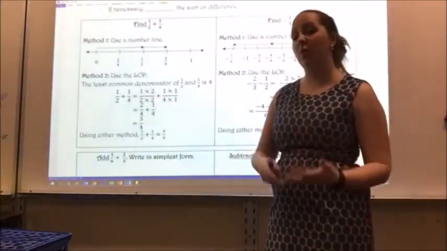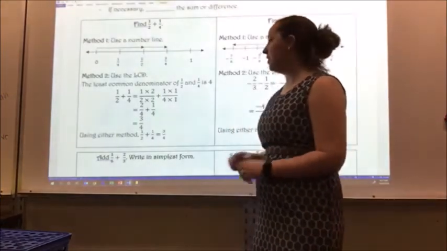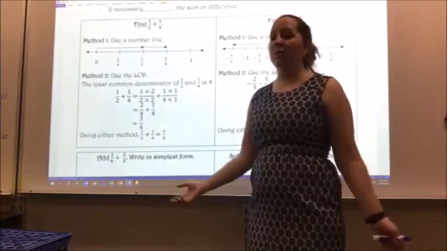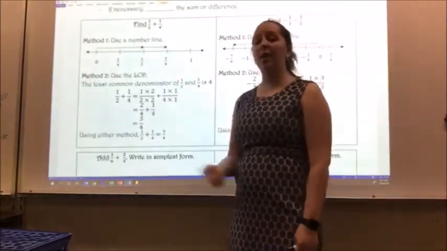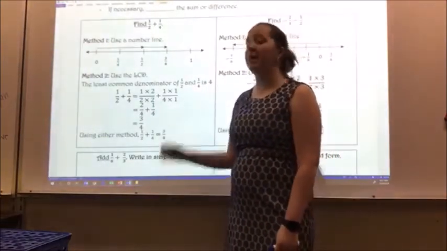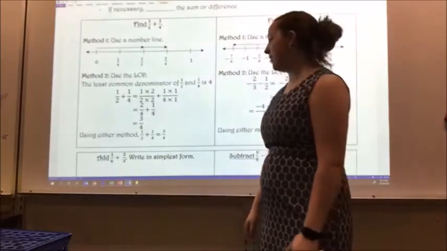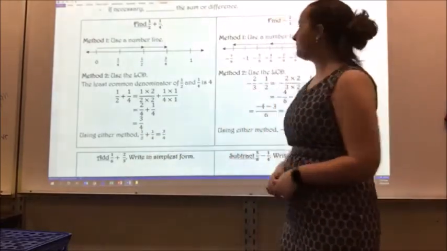You're creating an equivalent fraction that has the same denominator as the other fraction. So I don't have to do anything with 1/4 because it already has 4 as a denominator. And I add like I would when adding and subtracting like fractions. 2 plus 1 gives me 3. My denominator stays the same. Using either method, I get 3/4.